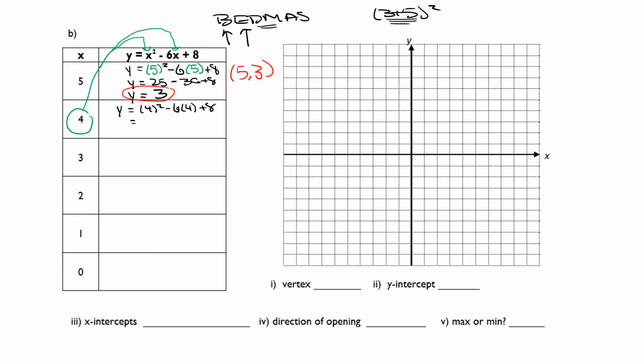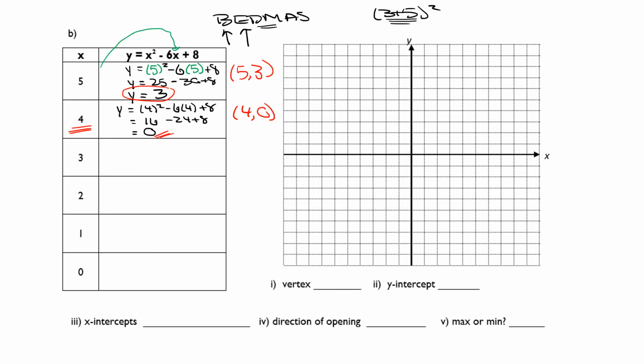That's going to give me 16 minus 24 plus 8, and you may use your calculator if you want to. What do you get here? Interesting number, you're getting a 0. So my x value was a 4, my y value was a 0. So that's the coordinate that I'm going to graph.